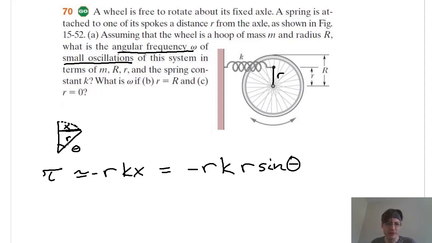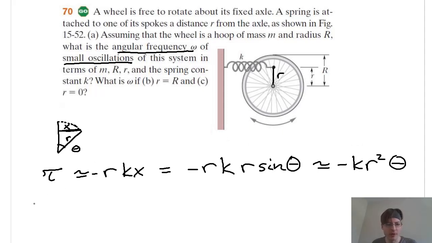And that's exact for my figure. But again, we're assuming small angles, and so this simplifies to be minus k r squared theta. So it was crucial that I assumed small angle. That simplified the torque down greatly so I can actually solve the problem. Okay, so that's the torque.